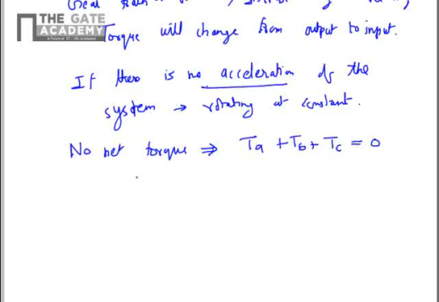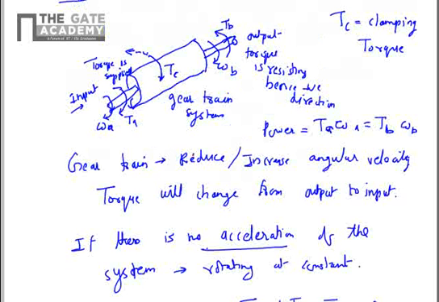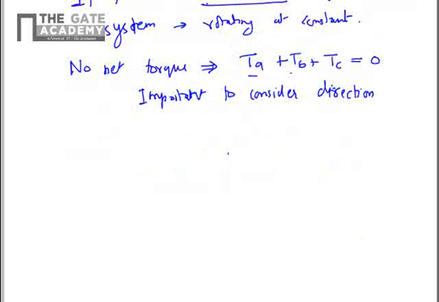So here you should take a convention. It is important to remember to consider direction. If you are considering clockwise as positive, then the torque applied in clockwise should be taken as positive in this equation. And if the torque is anti-clockwise, let's say TB is anti-clockwise, it should be taken as negative in this equation.